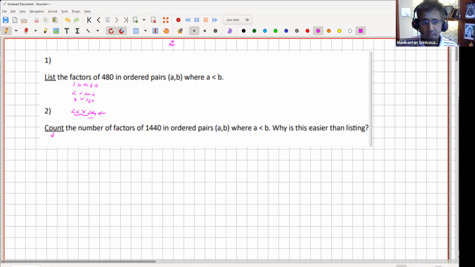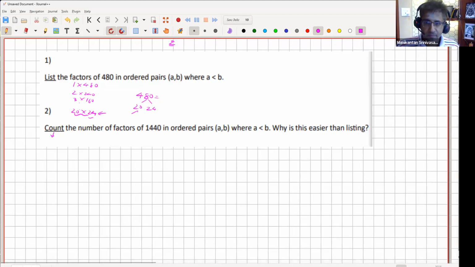Counting is much faster. So how do we do the counting? If you just want to count, we'll use the powers, right? We'll use the prime factorization of 480. So 20 into 24, always try to split it as big numbers so that it's easy. So 4 and 5, this is 4 and 6.